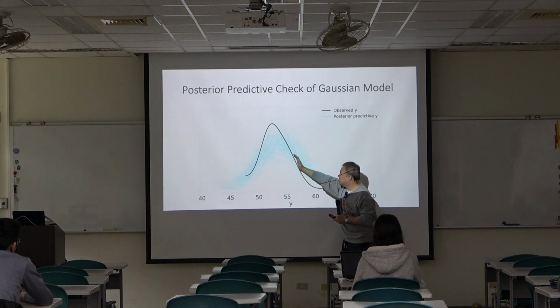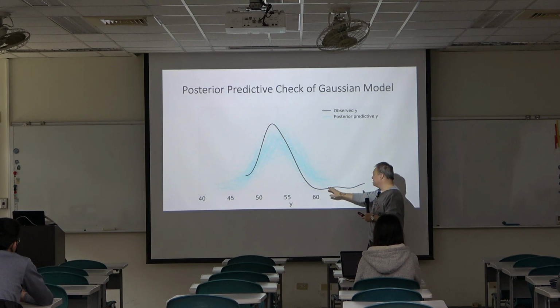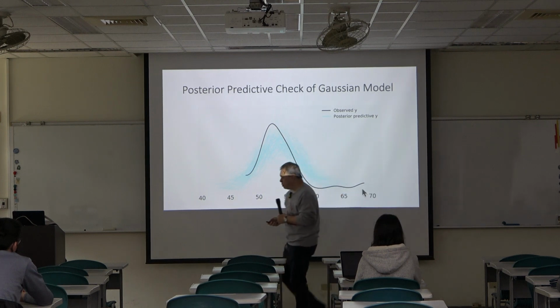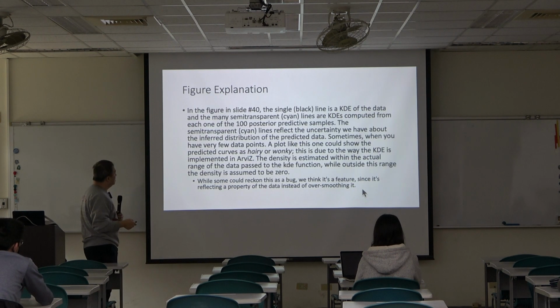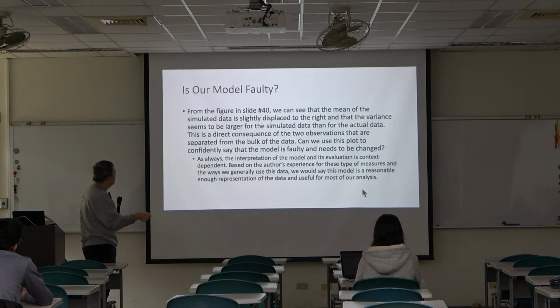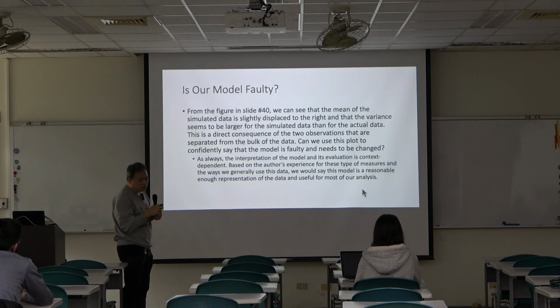They're not as concentrated as the dark line here, because sigma is larger to accommodate these two outliers. That's why the variance is larger for the simulated data than the actual one.